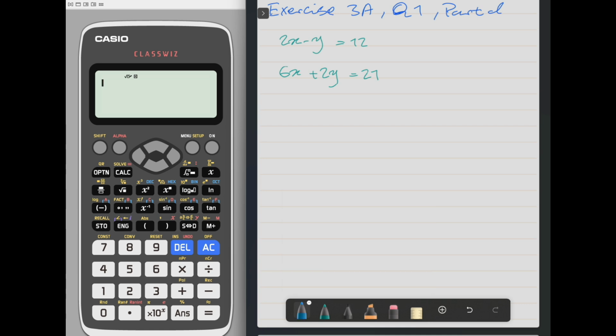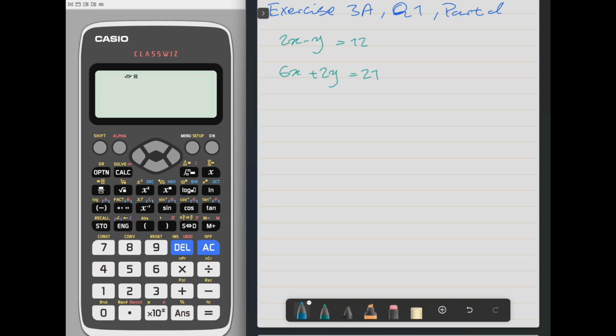I would personally prefer elimination, because you see here, if I multiply it by 2, then it will be minus 2, right? If you want to do the substitution, you have to make y the subject, and you have to substitute it in another equation, and do a lot of stuff.